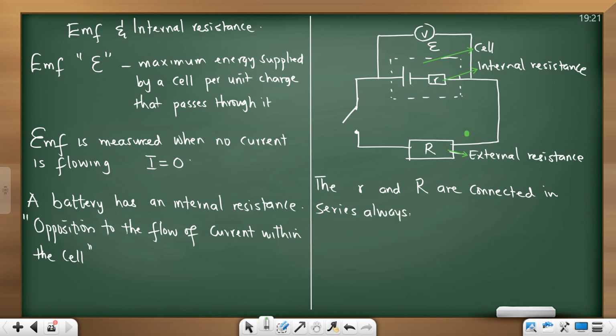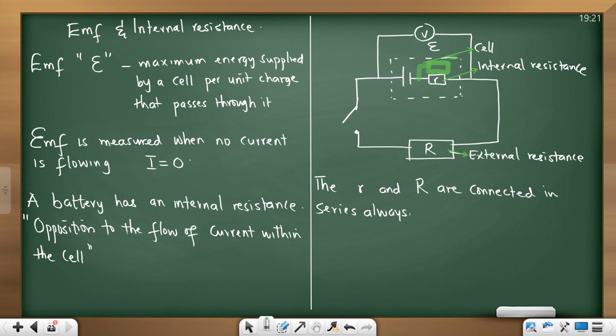So only external resistors you can play with. For you to connect this in parallel, you have to go inside the battery, and you cannot go inside the battery. Makes sense? Yes, sir. Thank you very much.